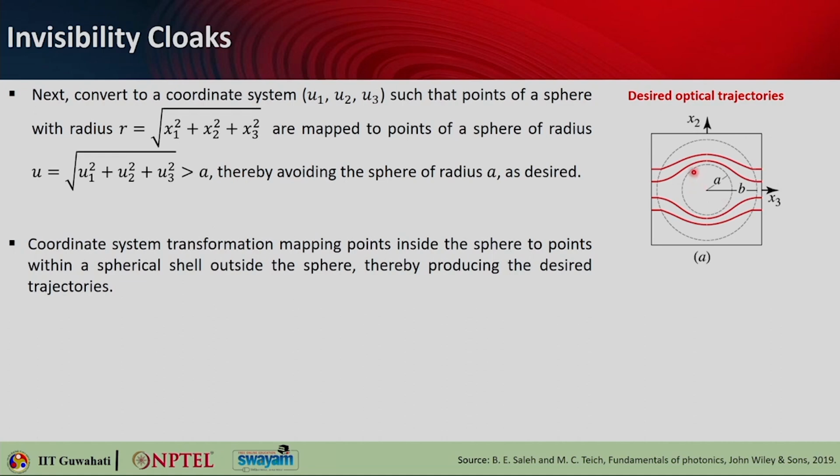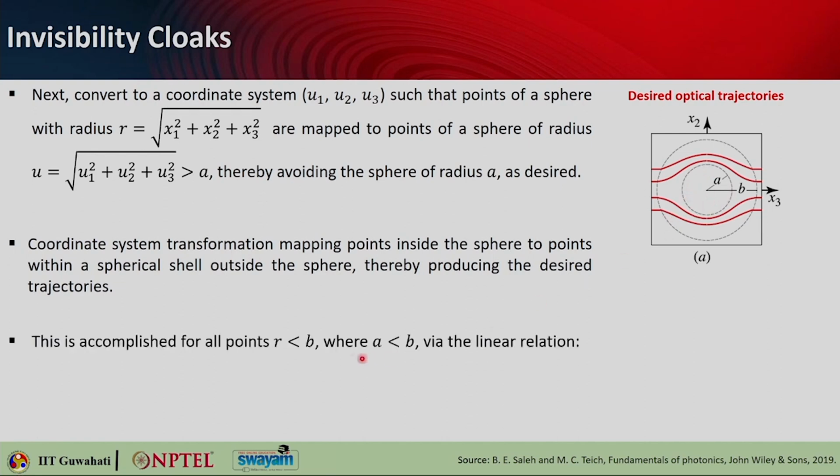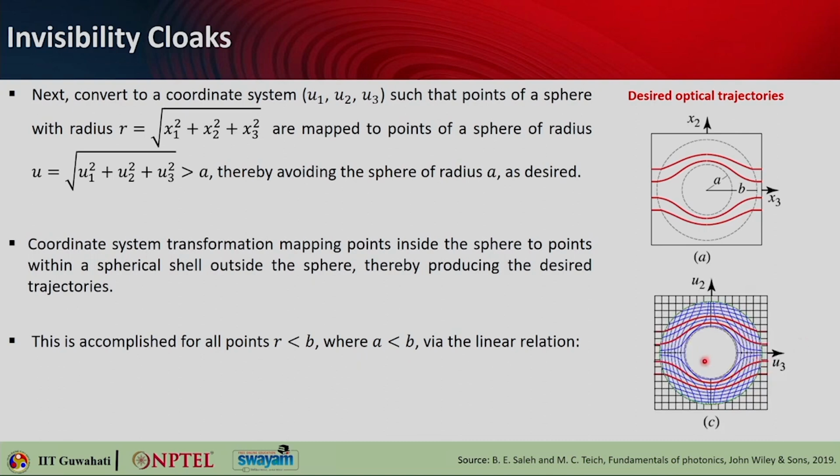So what you are doing, basically all the points that are inside this sphere of radius a have to be moved onto this shell. That way there will be no light inside. So this is accomplished for all the points where r, the radius, is less than b, and b is basically greater than a. So this is what you want to do.